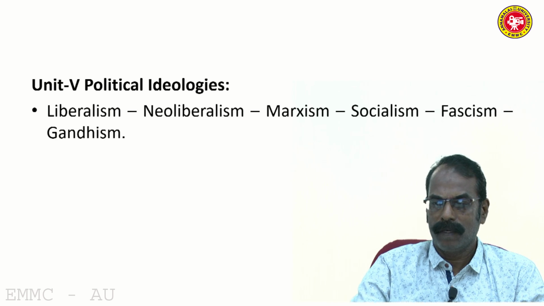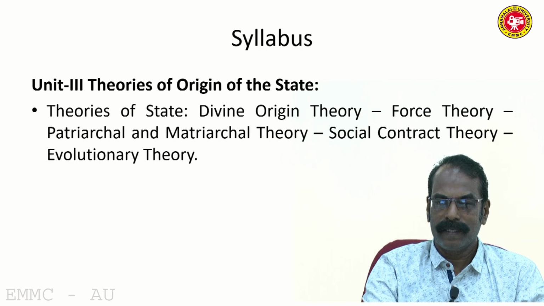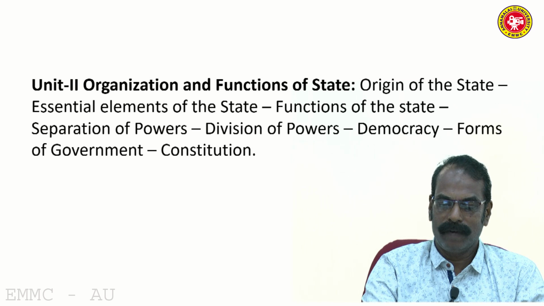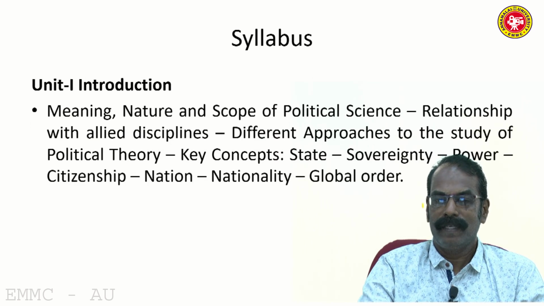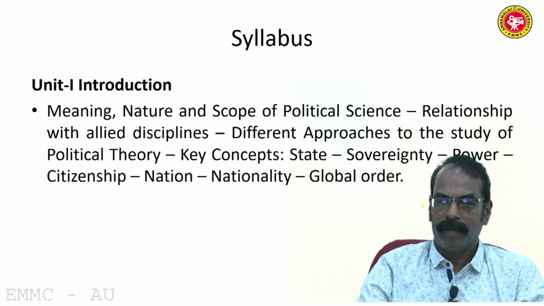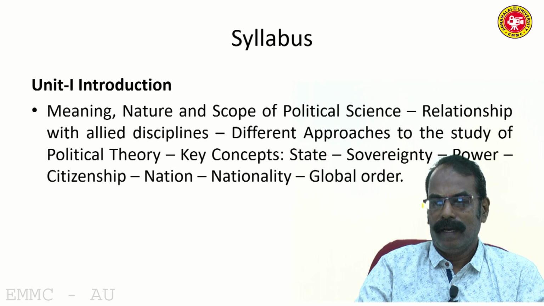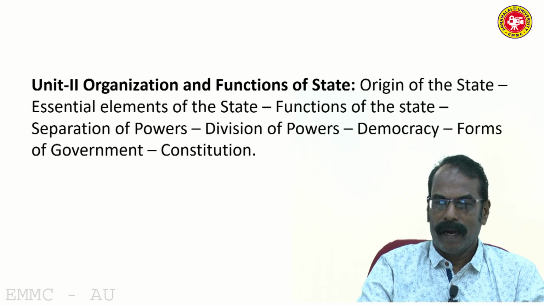If you look at all the aspects, the 5th unit is ideologies, but we will go back. The 1st unit is the basic rudimentary ideas about political science, that is, the introduction: the meaning, nature and scope of political science and relevant concepts and ideas.